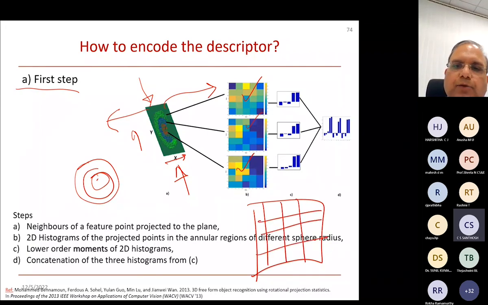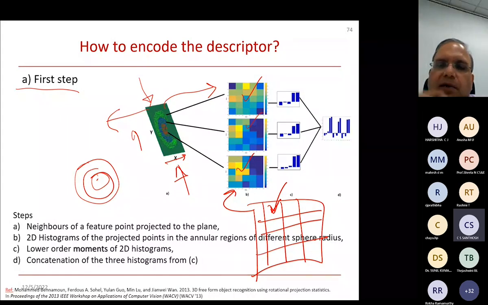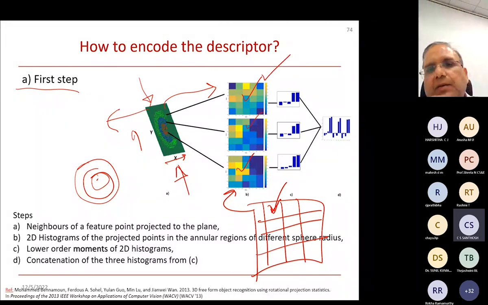Every grid cell is considered a bin, and the value put in the bin is equal to the number of points falling in that bin. That way you have different histograms for these points.